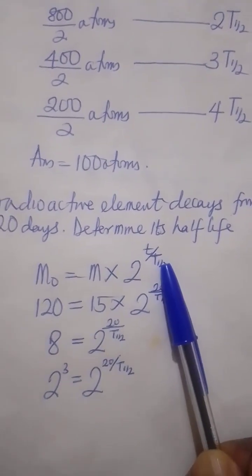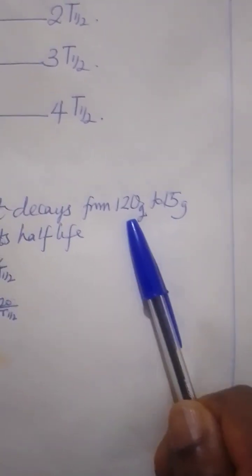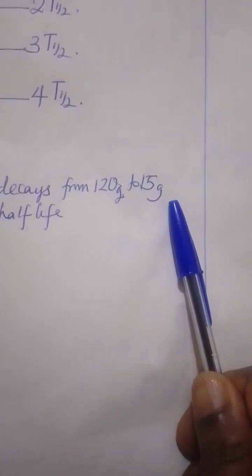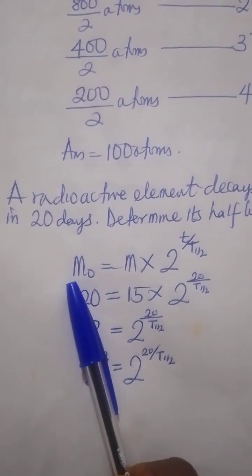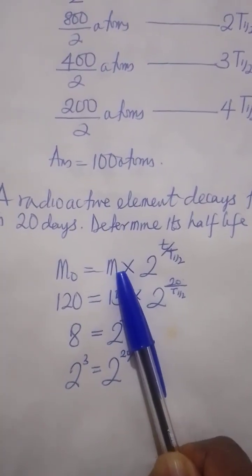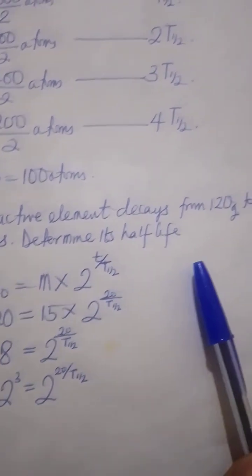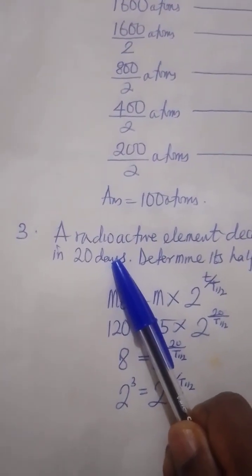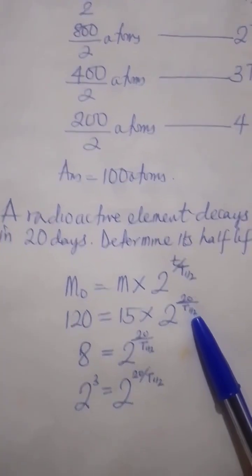That's half-life. We're told that the radioactive substance decays from 120 to 15. So M0 is 120 and then M is 15. So the original mass is 120 and the mass left after disintegration is 15. Then we're given that the whole process of disintegration took 20 days. So 20 over T half.